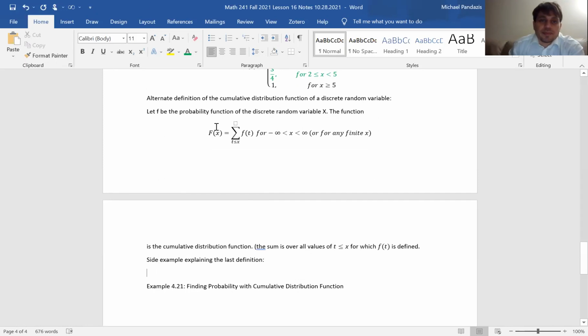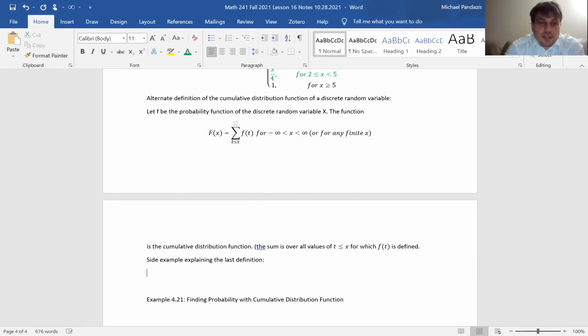Okay, so this sum, right? Let's say you roll a fair six-sided die, and you let capital X equal the value that appears on the die.